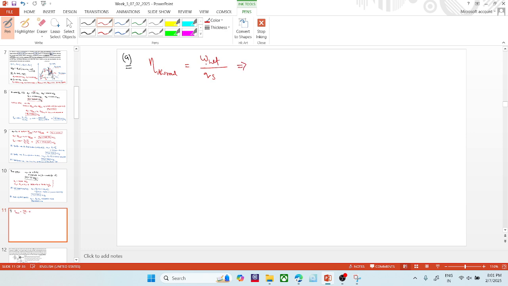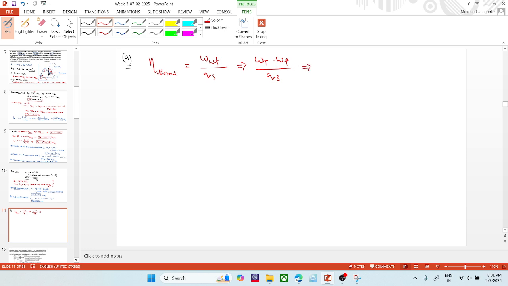So W net is the turbine work minus pump work, divided by heat supplied.